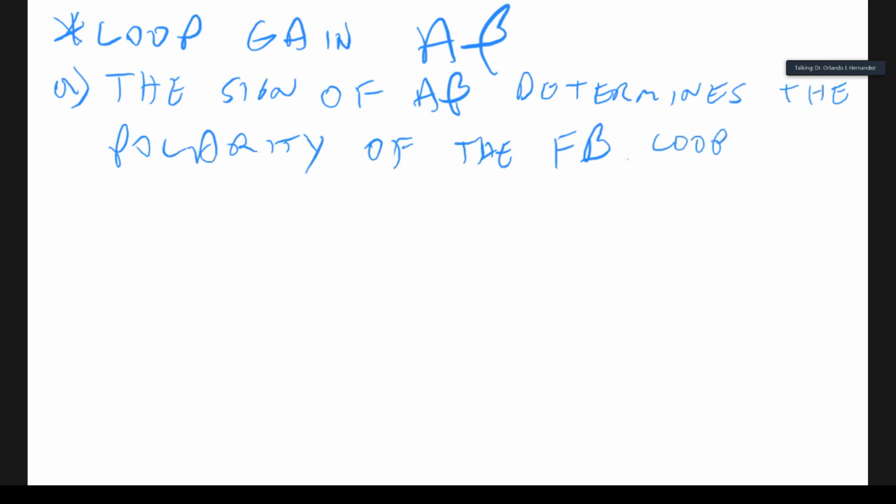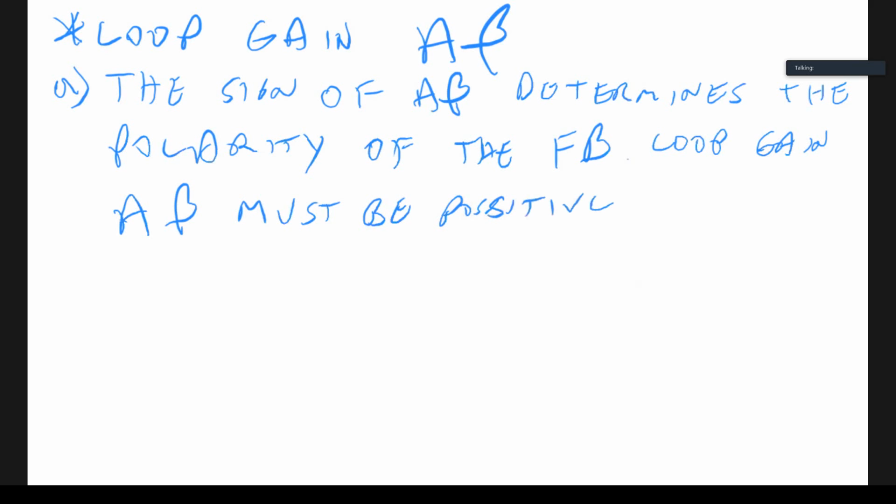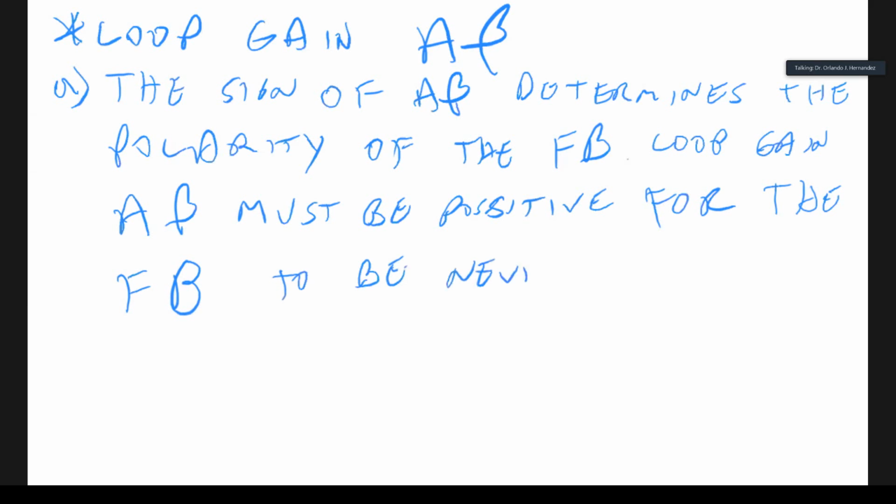The loop gain must be positive for the feedback to be negative, because the whole system is formulated on this concept that you are generating from input to the error.